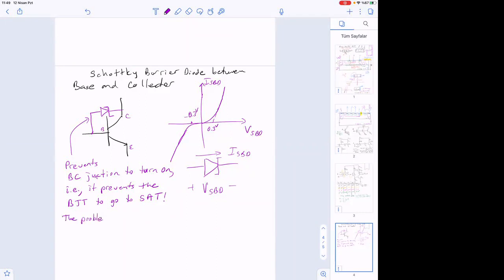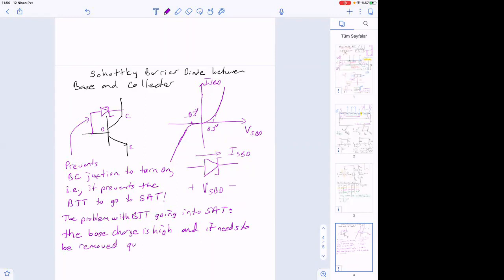The problem with BJT going into SAT is that the base charges, the minority carriers in there, when it's in saturation, the base charge is high, and it needs to be removed quickly to put the BJT into the cutoff mode.